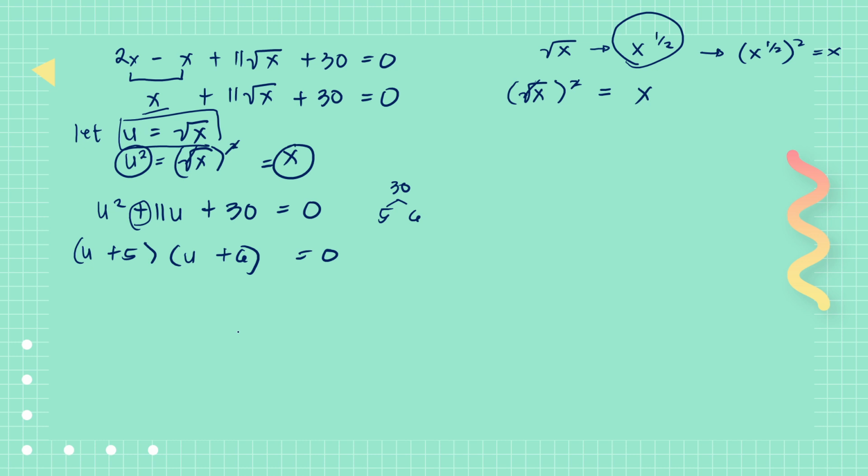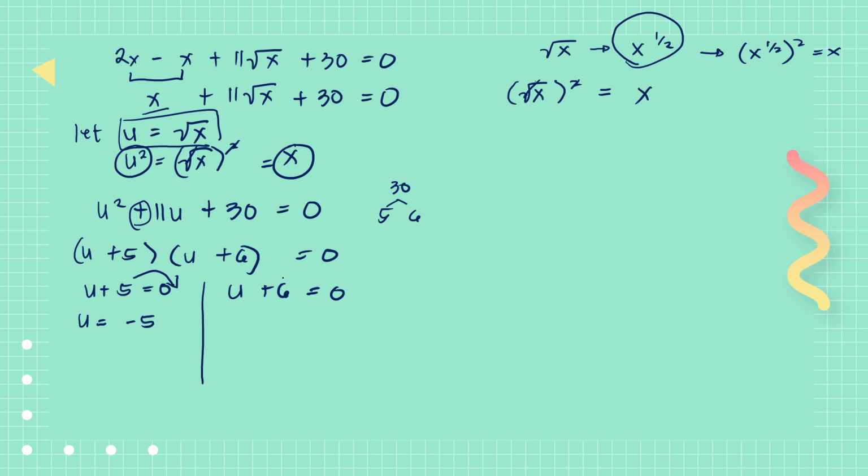And then after that, you will equate each factor to 0 using the zero product property. So u plus 5 equals 0, and then u plus 6 equals 0. And then the next step, you will transpose positive 5 to the other side, and it will give us the result of u equals negative 5.